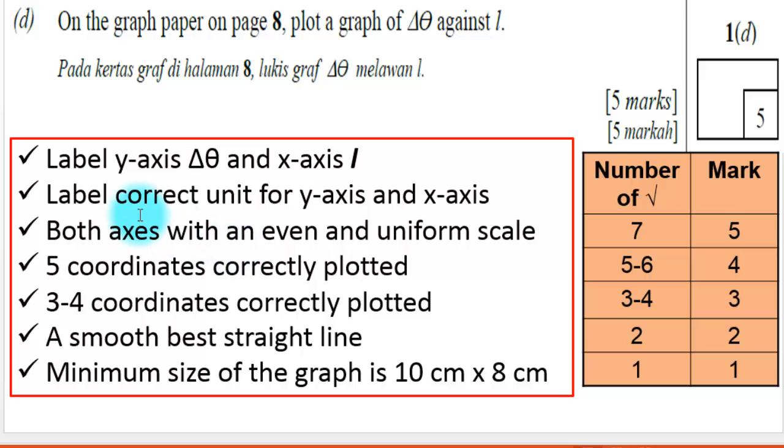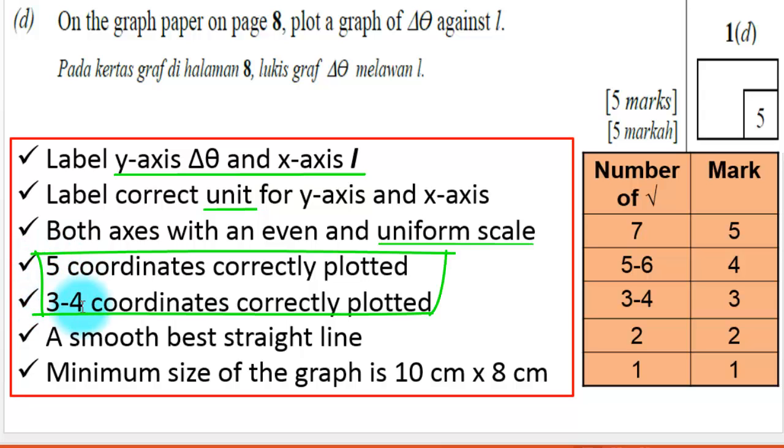Okay, so what are the criteria of the ticks? Tick 1 will be for the labeling of the symbol on the vertical and horizontal axis. Tick number 2 will be for the unit for both axes. Tick number 3 will be for the even scale on both axes. And then tick number 4 and number 5 are actually for the coordinates.